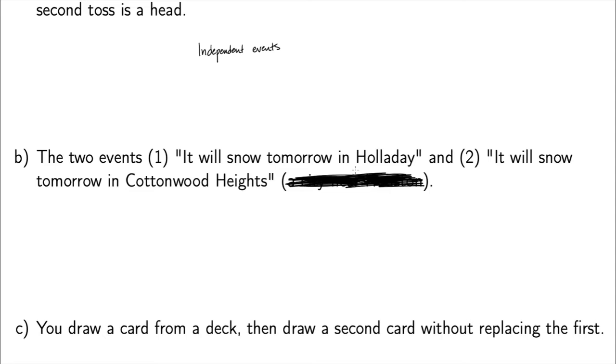So ask yourself, if you know that it's going to snow tomorrow in Holiday, would that change what you think the likelihood of it snowing in Cottonwood Heights would be? And the answer is yes. Because they're so close to each other, we do believe that the weather would be pretty similar. And so these are not independent.